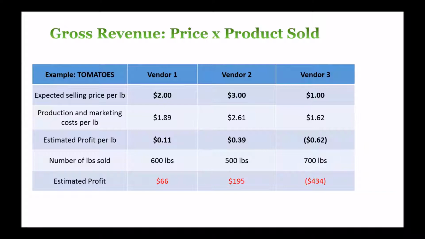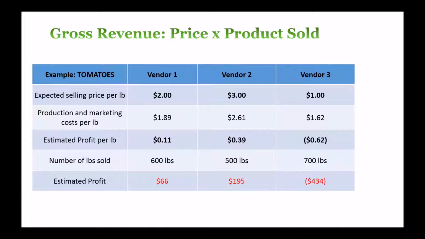Although vendor 2 sold less product than any of the other vendors, his estimated profit is higher than vendors 1 and 3. In contrast, although vendor 3's cost is lower than other vendors' cost, his strategy was to set low prices to increase product sold.